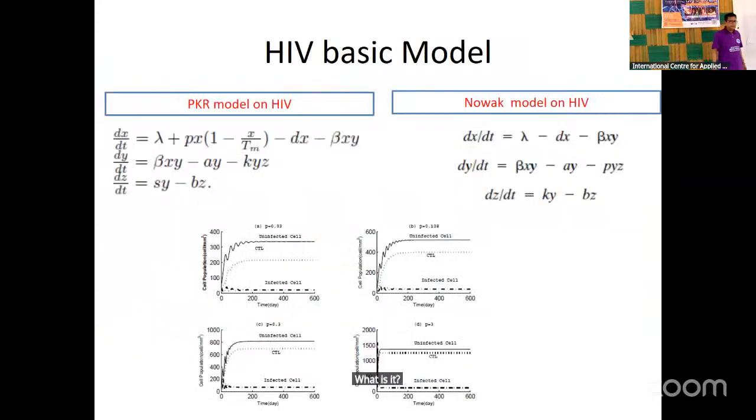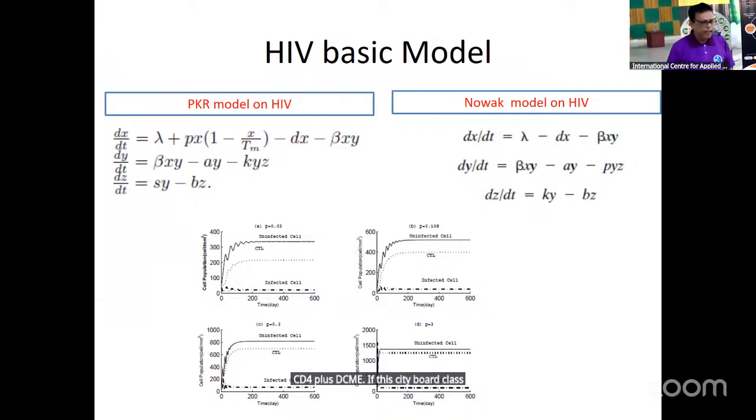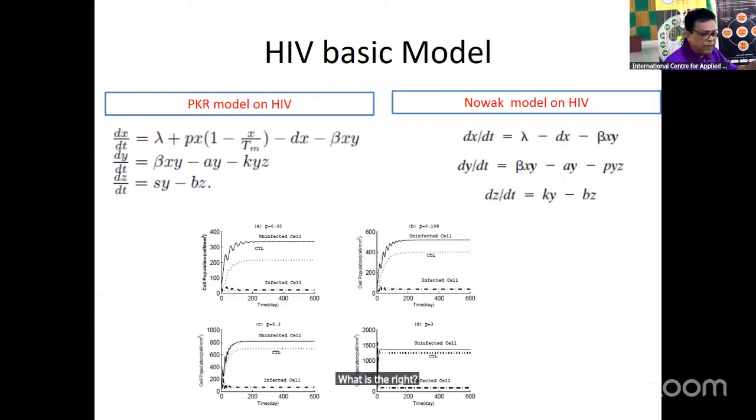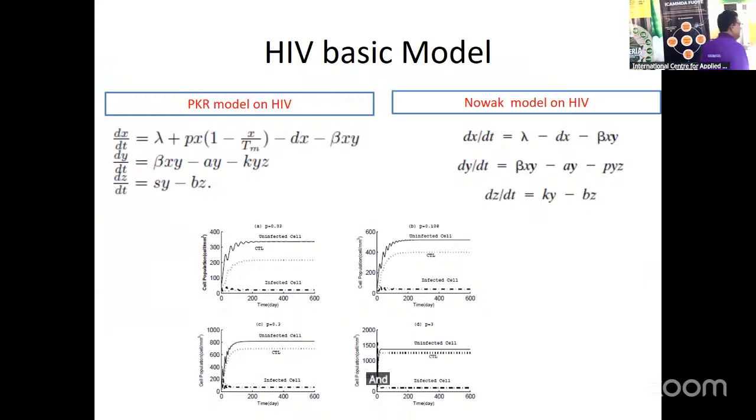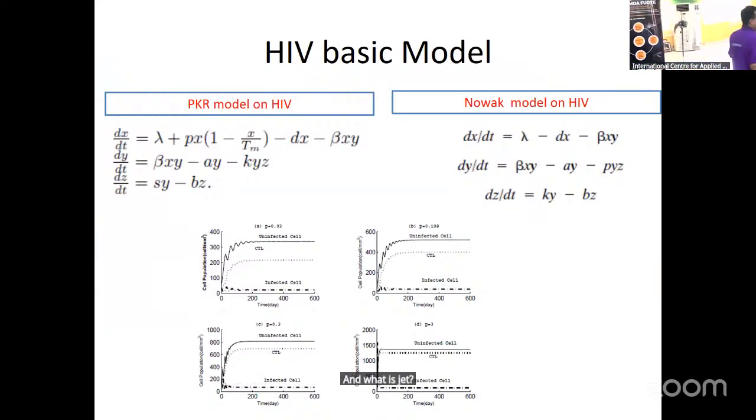X is CD4 plus T cells. What is Y? Y is actively infected CD4 plus T cells. And what is Z? Z is cytotoxic T lymphocytes.